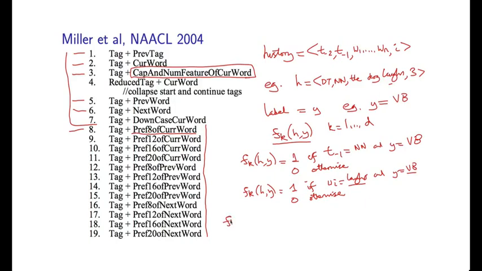So this might, for example, say f_k(h, y) is 1 if the label y is equal to VB and the first 8 bits of w_i, that's the word being tagged, is equal to 1011, some 8-bit string.